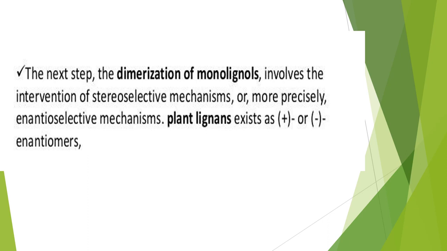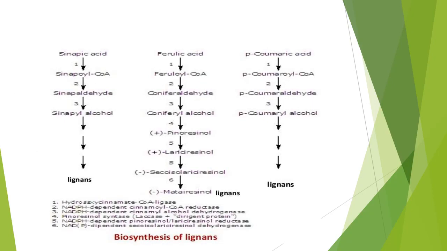Dextrorotatory is plus, we will write in the plus form, and minus, the dash, stands for levorotatory. And these are the different dextrorotatory and levorotatory enantiomers. Their structure is the same, but their chiral chemistry differs by dextrorotation and levorotation. So these are the different steps for the formation of lignans, how it is biosynthesized.